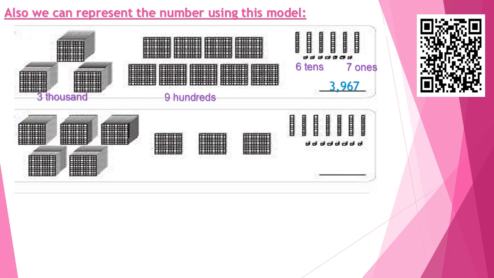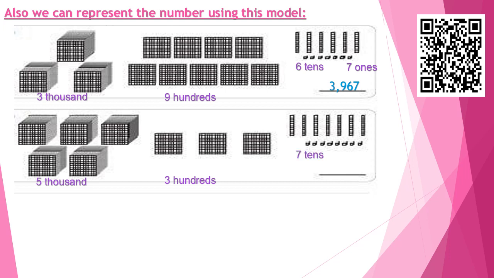The next example, how many thousands here? Let's count the cubes. 1, 2, 3, 4, 5. I have 5,000. And how many big squares? 1, 2, 3. So I have 300. How many sticks? 1, 2, 3, 4, 5, 6, 7.